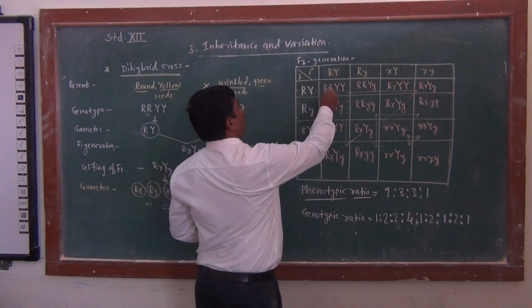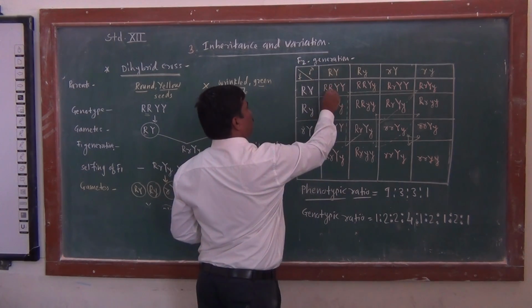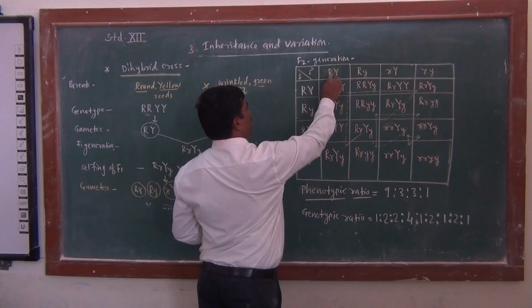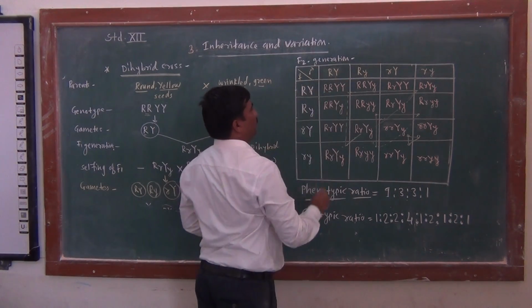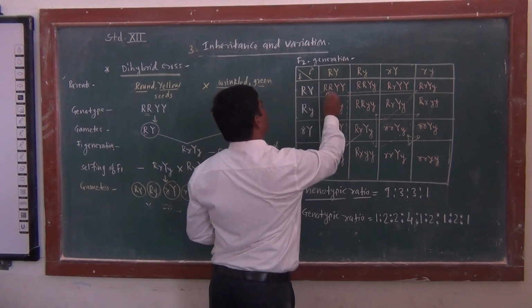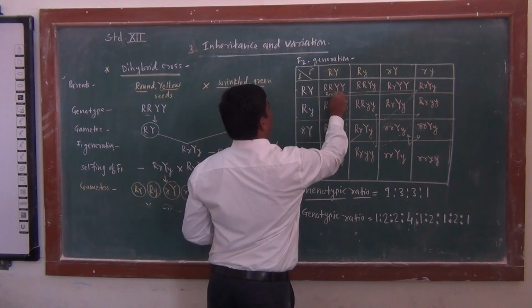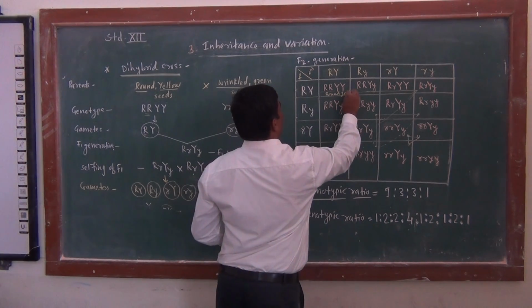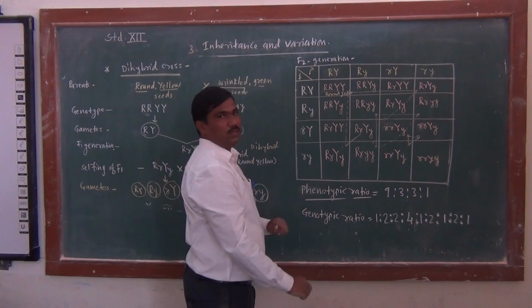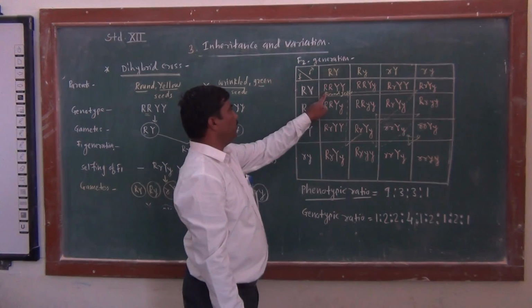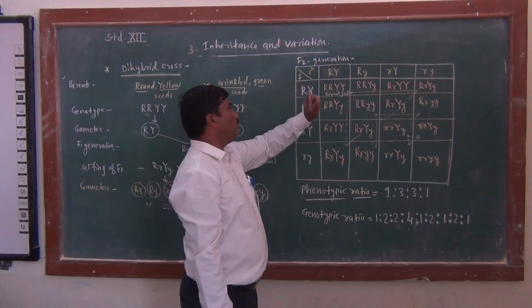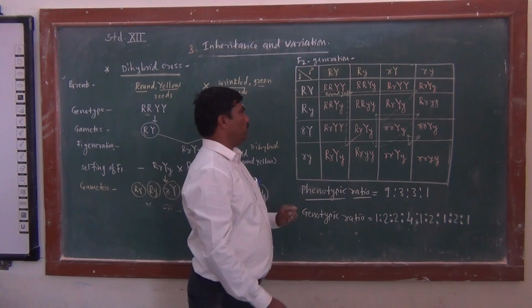See here, in the first box we write capital R, capital Y, capital R, capital Y. This individual is round yellow, homozygous round. So this one is a homozygous, or pure, round individual.